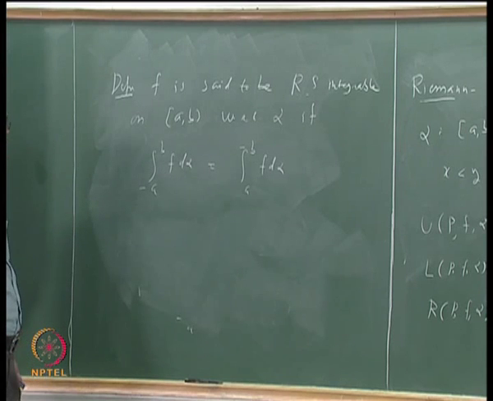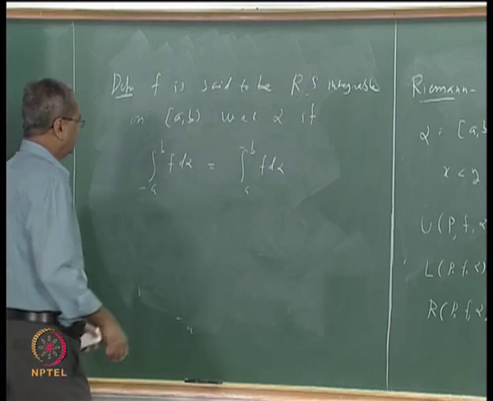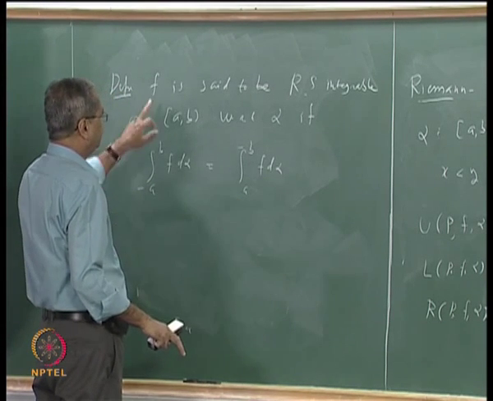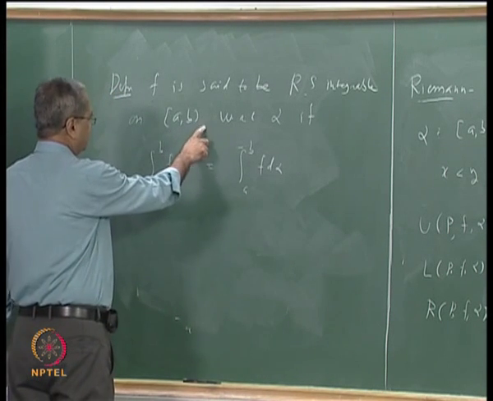Okay. And this common value is called the Riemann-Stieltjes integral of the function f with respect to this function alpha. Okay.